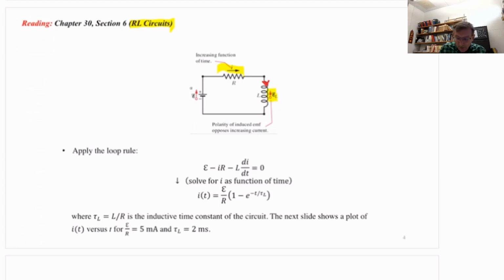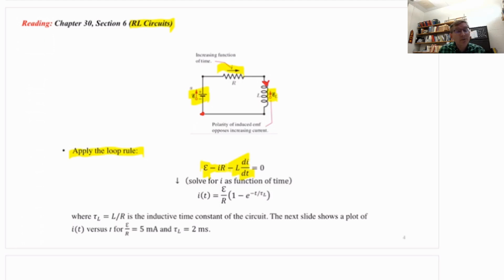And now we just apply the loop rule. Conservation of energy. I'll start at this point right here and traverse the loop as a circuit inspector going with the flow, with the current, clockwise. So the first thing is I go through the traditional battery from low potential to high, so I have a gain of curly E. Then I go through the resistor with the flow, with the current, so that'll be a potential drop, minus I times R. Then I have a potential drop going against the E sub L arrow, so minus L di dt.